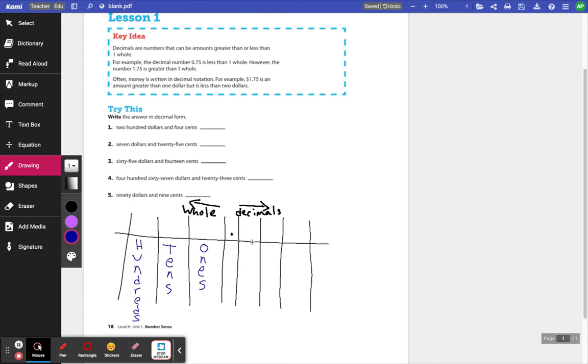And then to the right of our decimal, very similar to the left side, we start with the tenths place. Notice how I put an emphasis on the end of that word, tenths. It ends in a THS. Then we have the hundredths place. And the thousandths place.